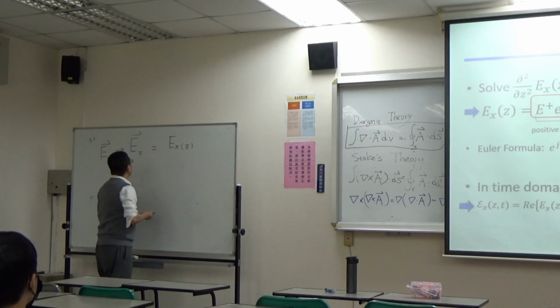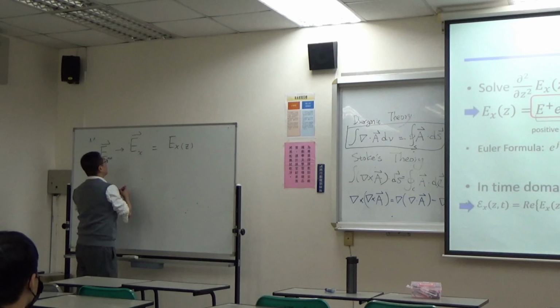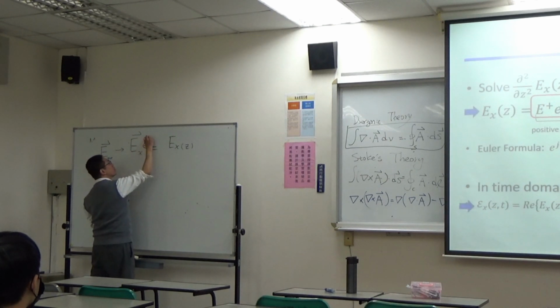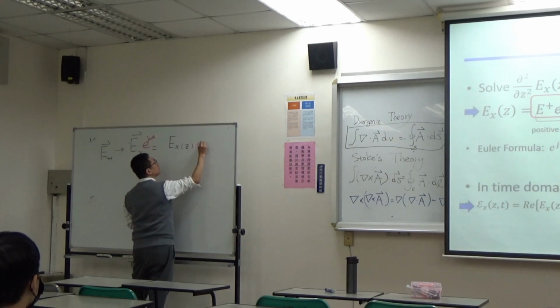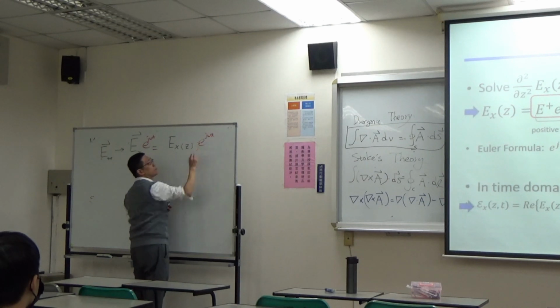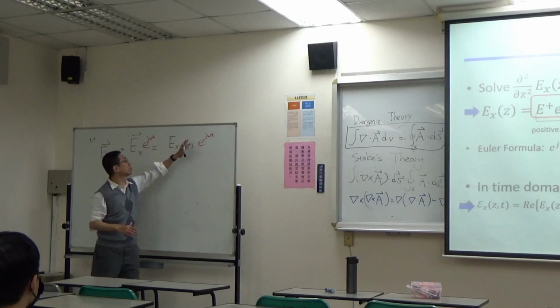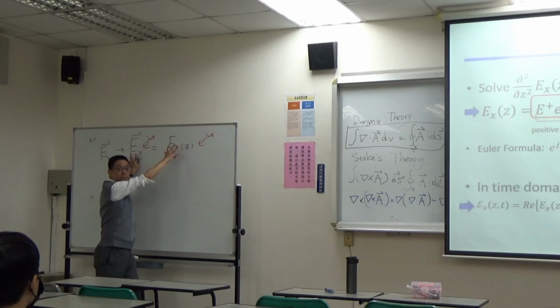If you want to see the time harmonic case, you can multiply exponential j omega t. It's okay. But you don't want to see t. You just read the black part.